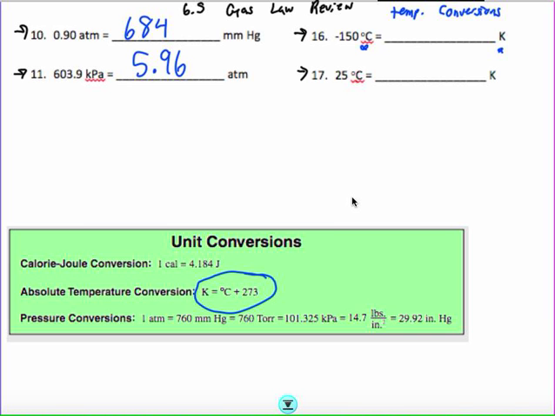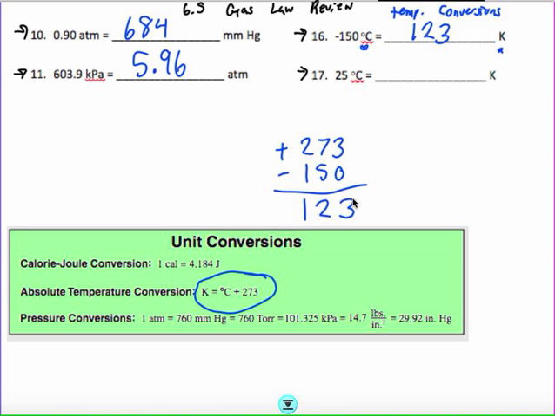So number 16 is negative 150 plus 273. Easier way to write that is like that. It's the same thing. So negative 150 degrees Celsius is 123 Kelvin.